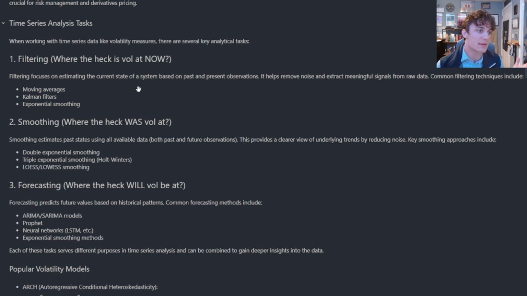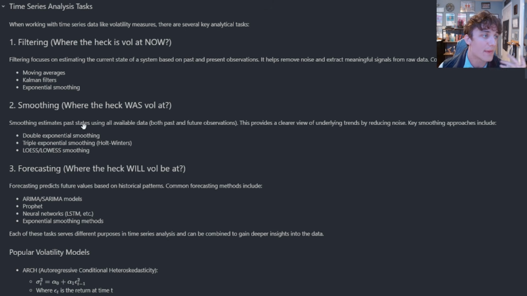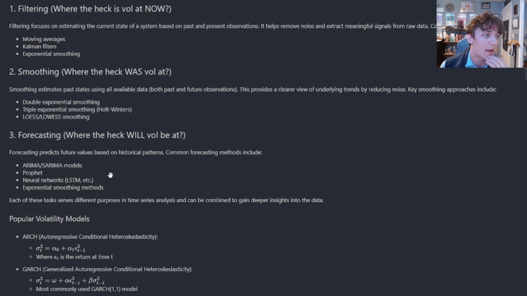So what is the reasonable level of volatility now? That's what we try to accomplish with filtering. Smoothing is where the heck was vol. So in a backwards looking setting, where the heck was volatility at this time. And then, of course, forecasting. Where the heck will vol be? All of these are very relevant.